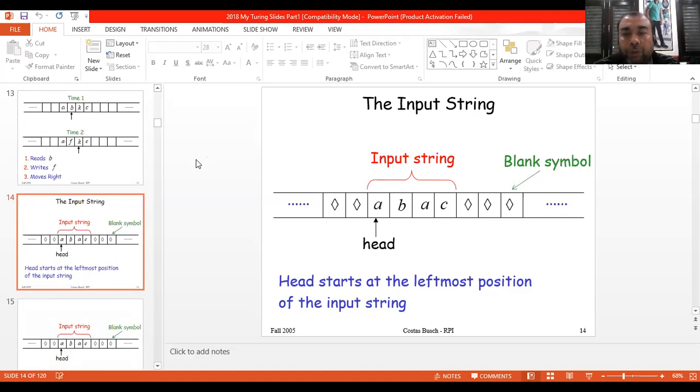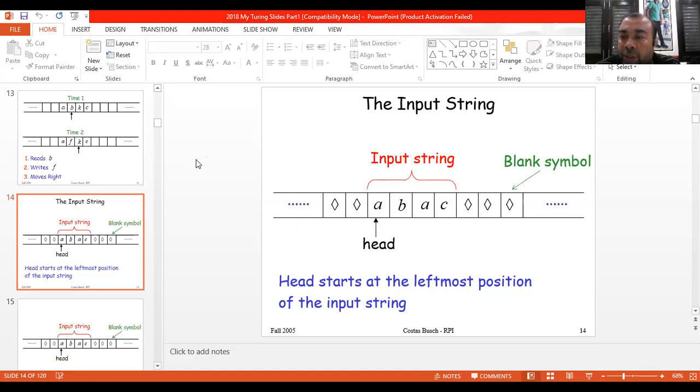Okay. So this is the scenario of the blank tape. A, B, A, C is the input string, and before A, we have written down rhombuses to show that these are the cells which are blank. For blank, many authors have proposed many symbols.